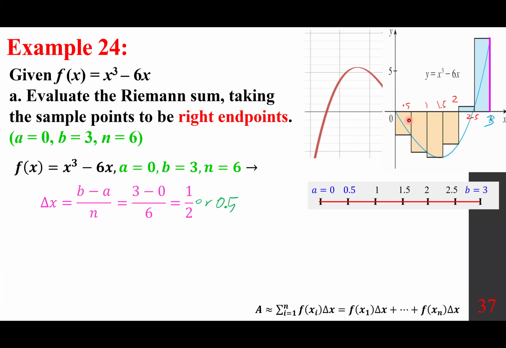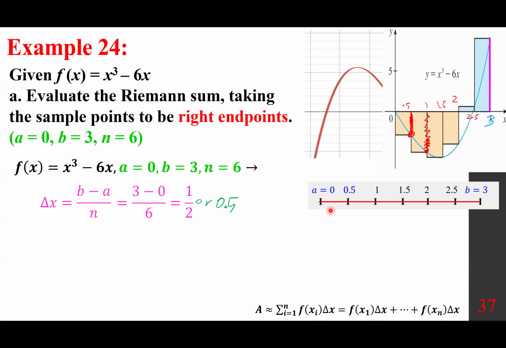What is the height? For this one, the height is this distance. For the second one it is this distance, and so forth. So we are going to write delta x times.